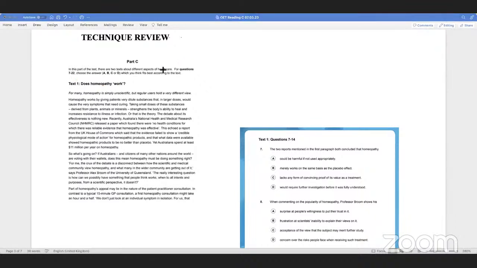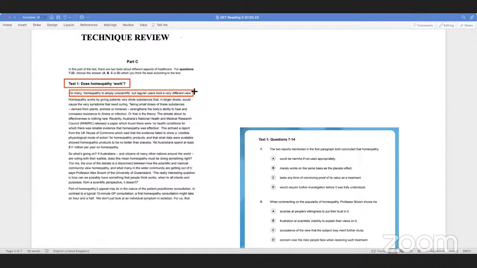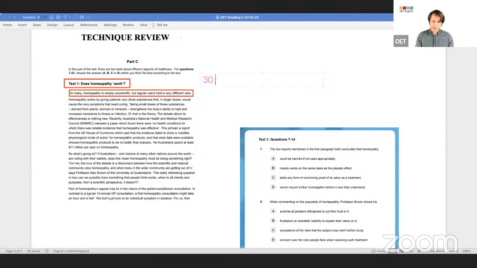To read the text. Yeah, sometimes people go straight to the questions, and that's not a good idea. The first thing is to look at the title. If there's a, what do we call this, guys? Subtitle. So read these, and you should spend a little bit of time, like 30 seconds, thinking about what, guys?